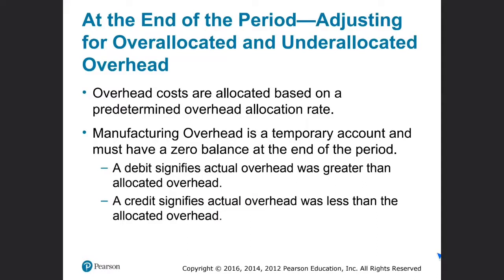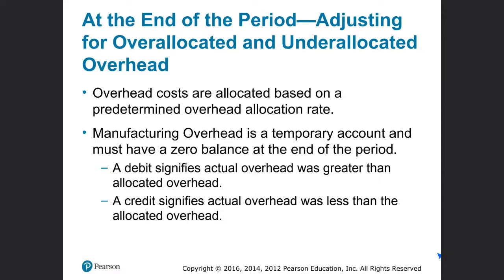So a permanent account is an account that we pretty much have every quarter, every year. It doesn't go away. Our temporary accounts, on the other hand, are accounts that we have throughout this period, normally a year, and then we have to zero the balance out of it at the end of the year. So it kind of goes away.